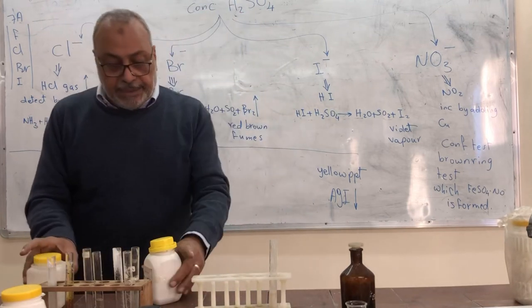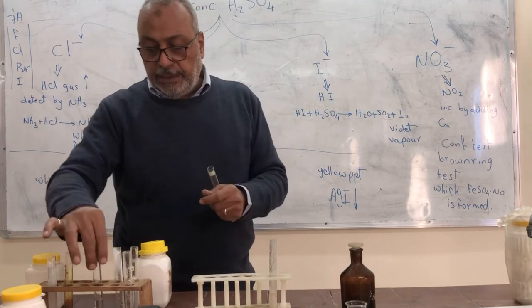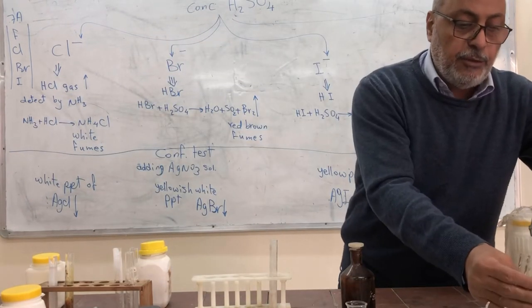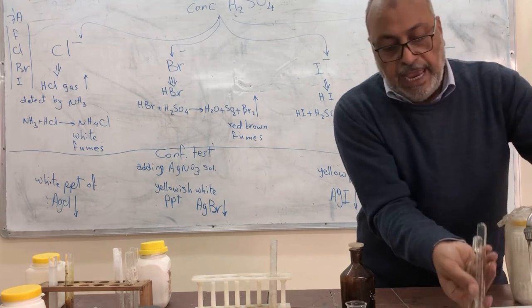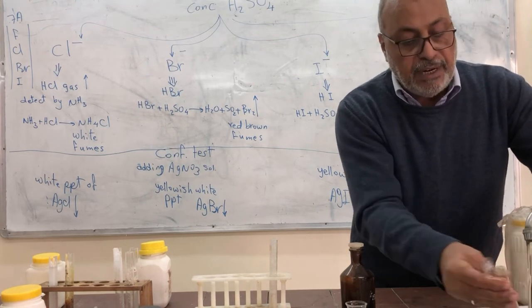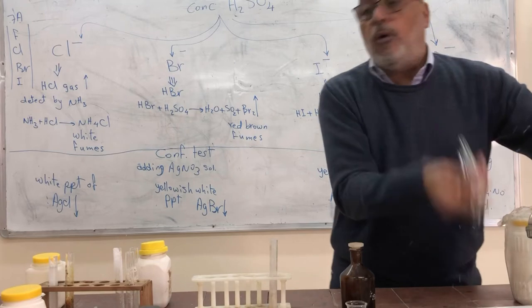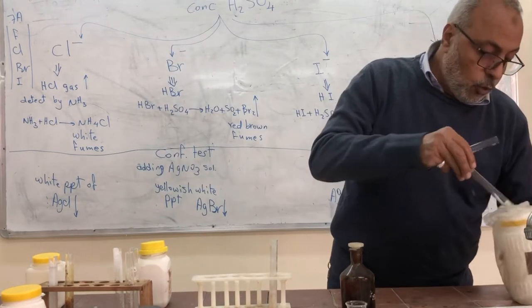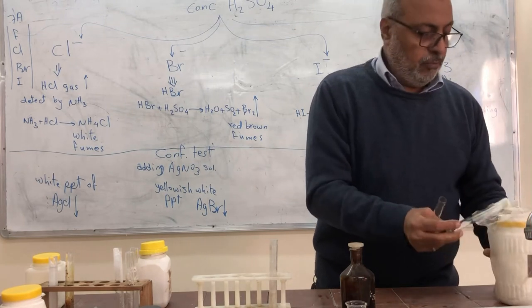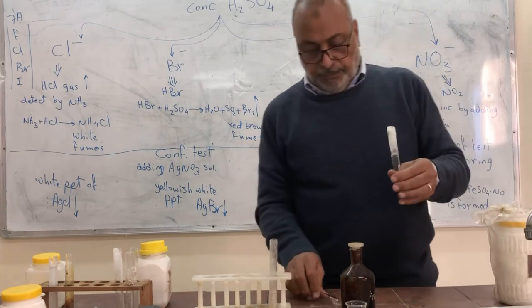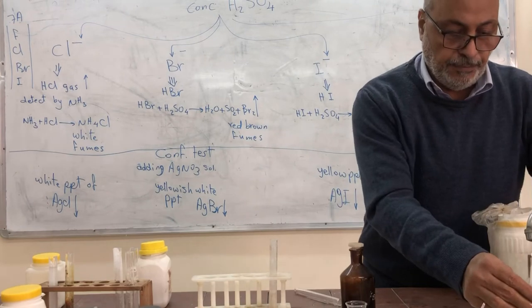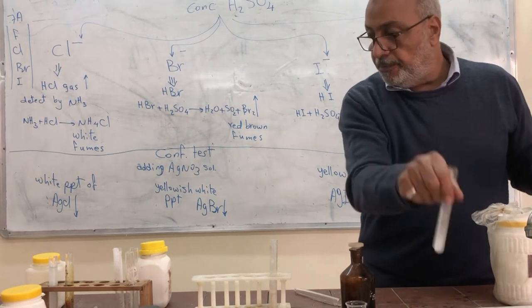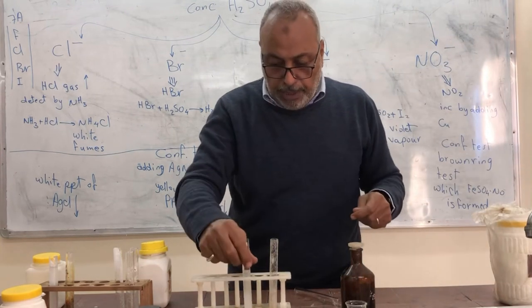To make a confirmatory test between them, we can take a solution of each salt and add silver nitrate and record our observation. The first one is chloride, and we make a sodium chloride solution, number 1.